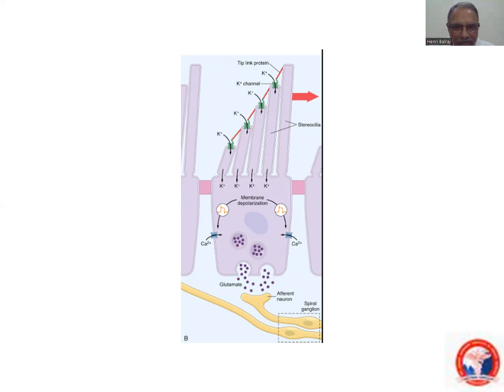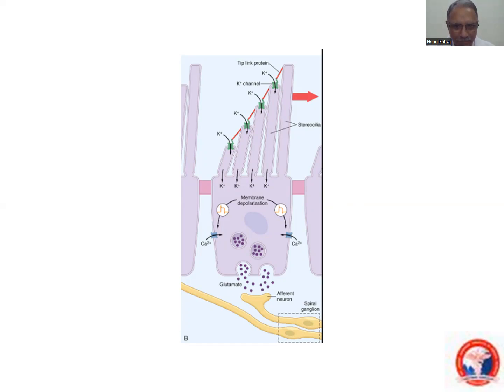There's depolarization, and what happens is that calcium enters through voltage-gated calcium channels. Because of the depolarization, the calcium channels open, and the neurotransmitter, which is in the vesicles, due to the calcium, gets exocytosed and released into the interstitial fluid.